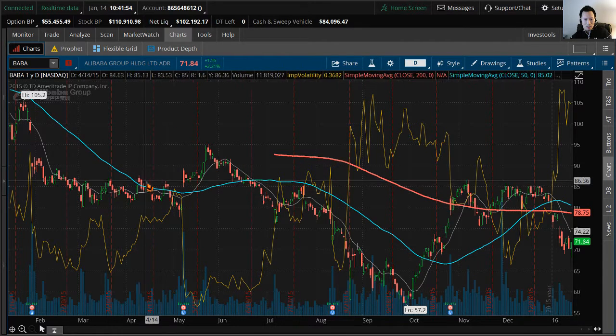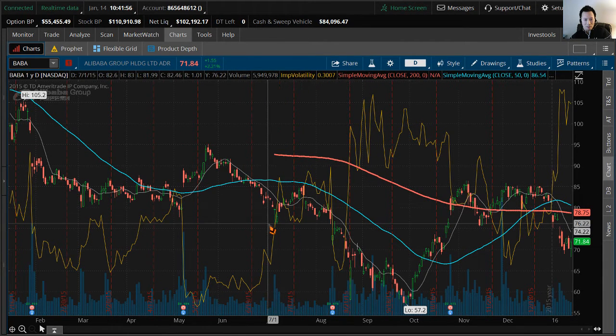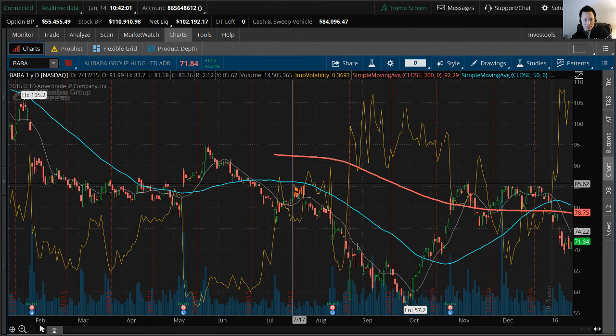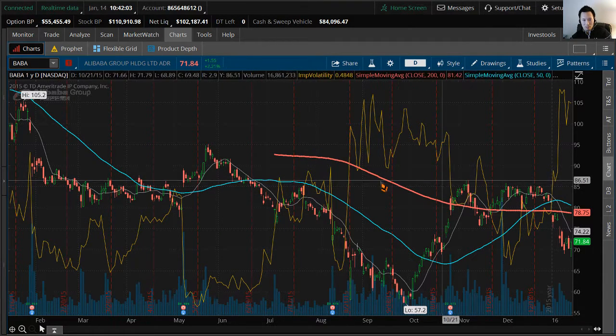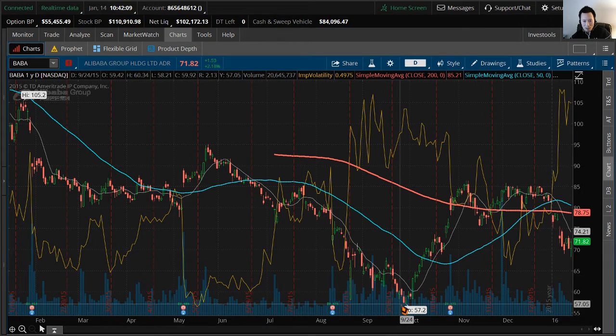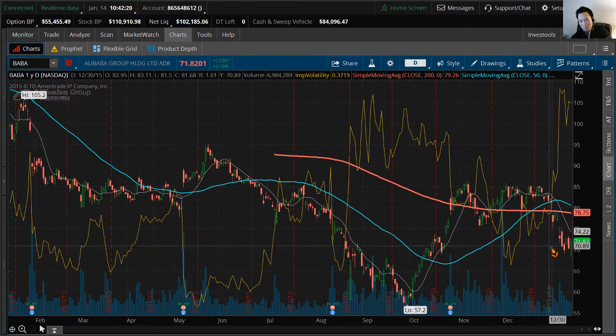Looking back since July, it's hit a ceiling here at 85, call it 4 or 5 times, and it bottomed at 57. So from simple support and resistance analysis, I would say BABA's right in the middle of it.